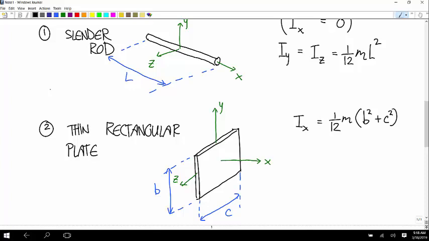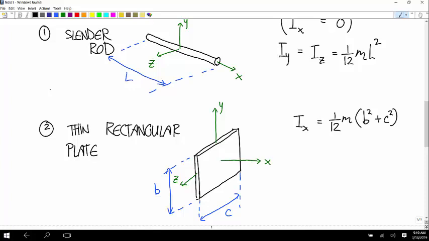Notice that if you make that b get smaller and smaller, as it starts to get close to a negligible thickness, this thing gets close to a rectangular stick, and that formula turns into that formula. So those agree with each other in that sense.